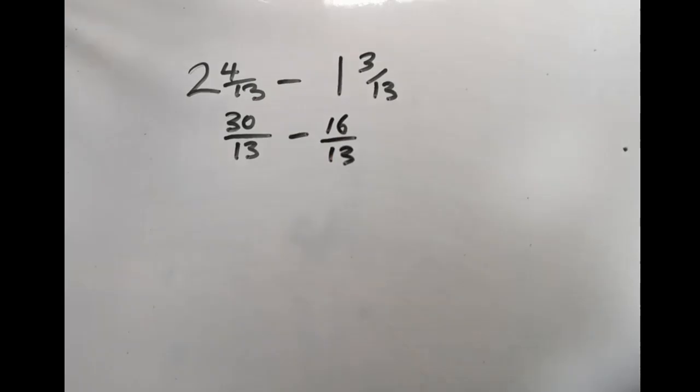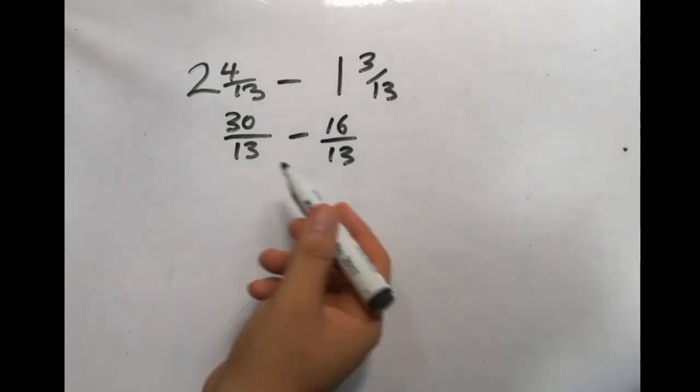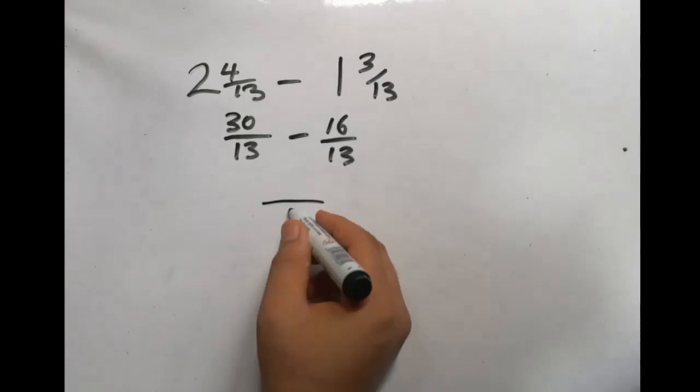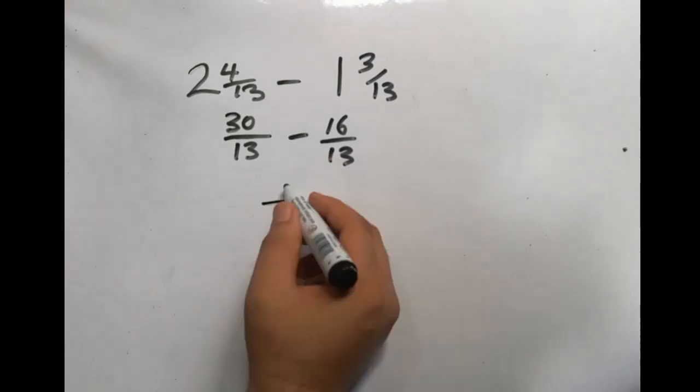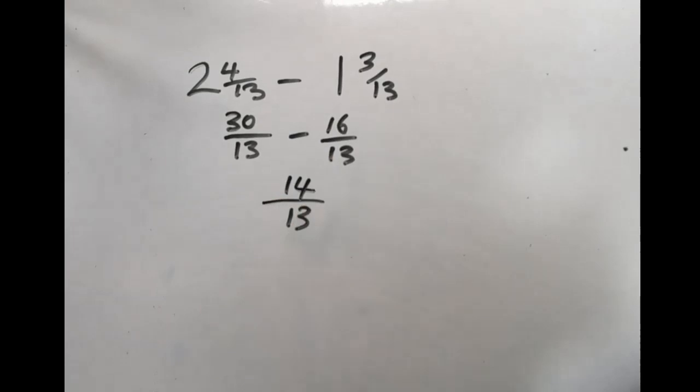Now you see we have like fractions because both denominators are 13. So we can simply take one of the denominators, 13. 30 minus 16 will give us 14. So our answer becomes 14 over 13, which we can further convert to a mixed fraction.